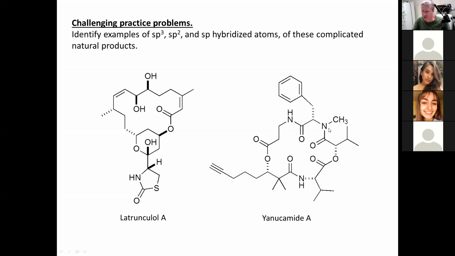Oxygen and nitrogen in normal organic molecules, singly bound to things, are going to be sp3. This nitrogen is bound to 4 things: a carbon, another carbon, another carbon, and a lone pair. So is it sp3? Yes, exactly. You're getting it, right?